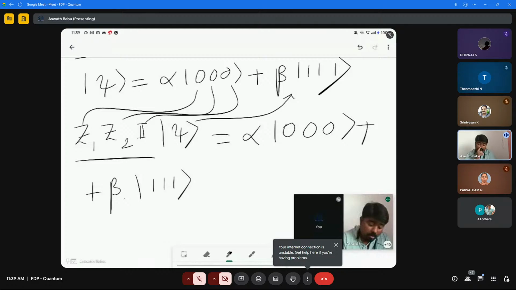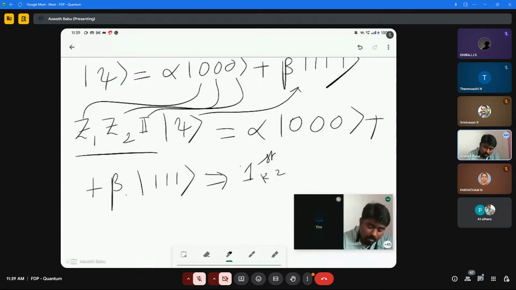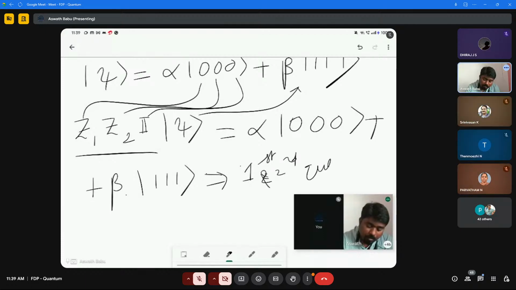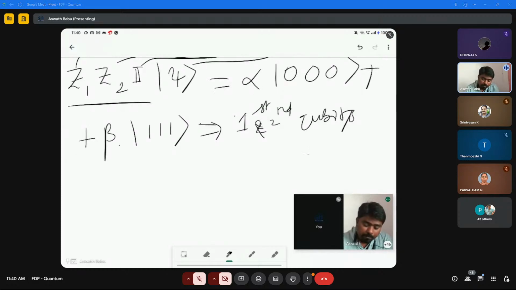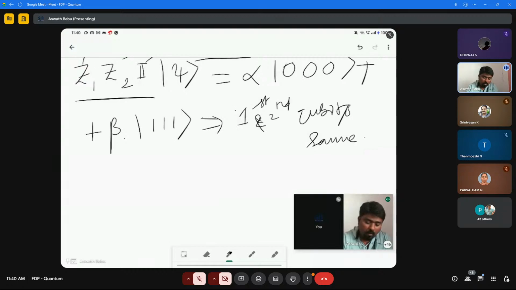So the state is unchanged, which implies the first and second qubits are the same. Now this is telling me first and second qubits are same.